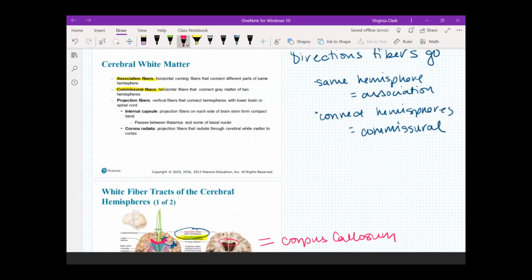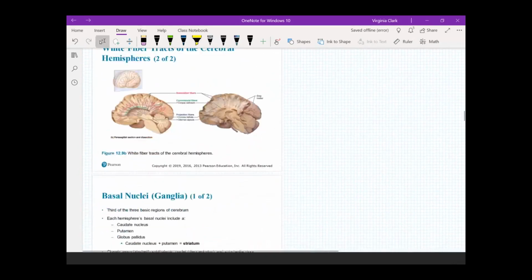And there's another type of fiber direction. It can actually go essentially lower brain to upper brain. It can connect height within the brain. It will travel from low to high. These are going to be projection fibers. So you're projecting things from one area to the other. This one's hard to see from this perspective, but it's great for this perspective to be able to see that we are sending information from here to here.